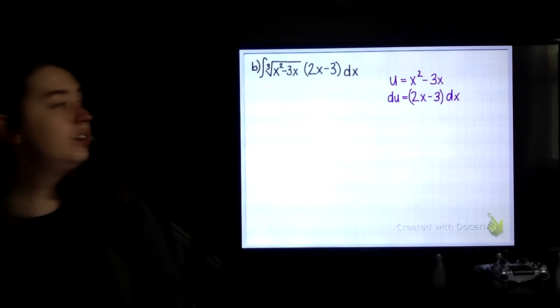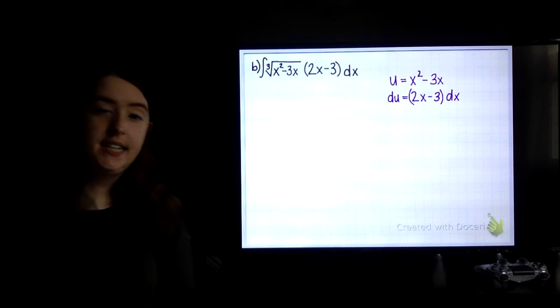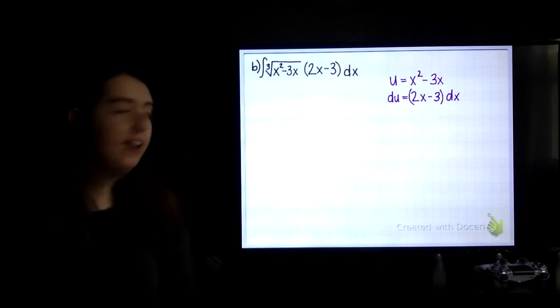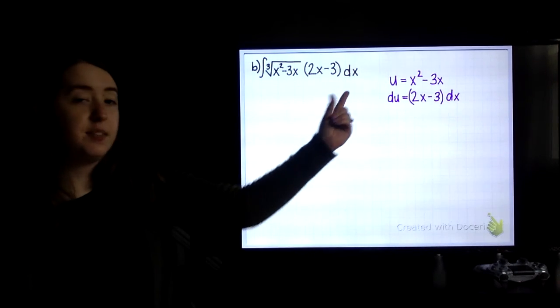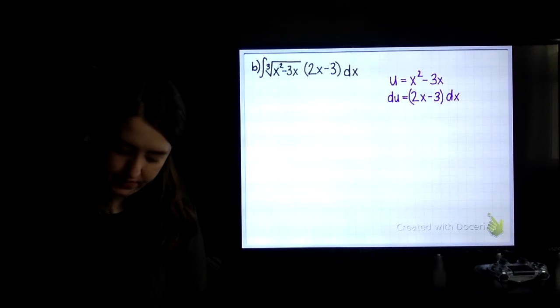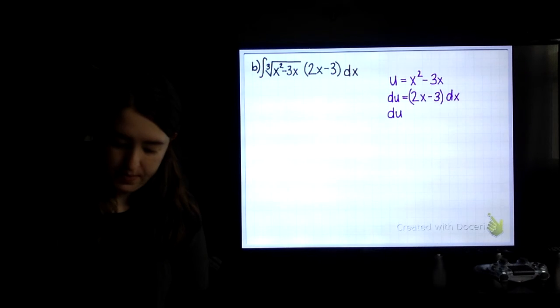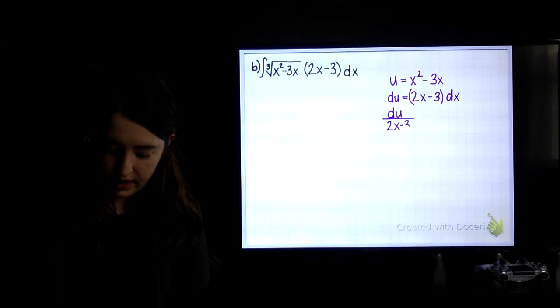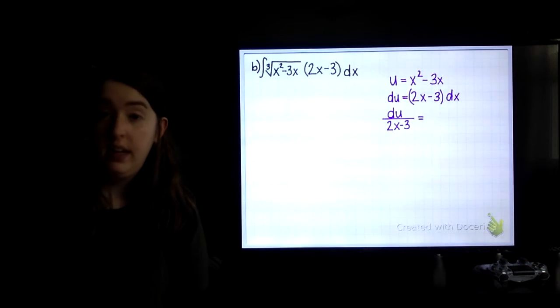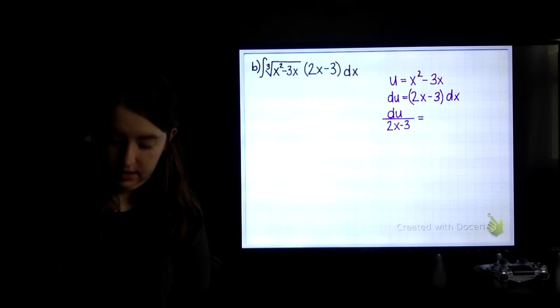So now 2x minus 3 and dx are being multiplied, and here in a second having dx being equal to something would be helpful. So to get dx by itself, I would have to divide by 2x minus 3 on both sides. So I end up with du over 2x minus 3 equals dx.